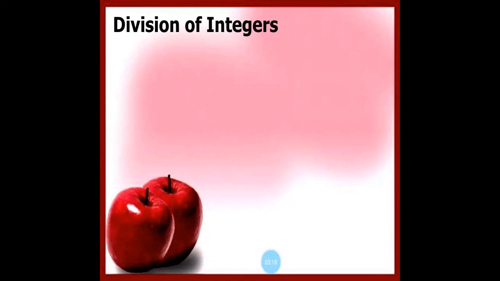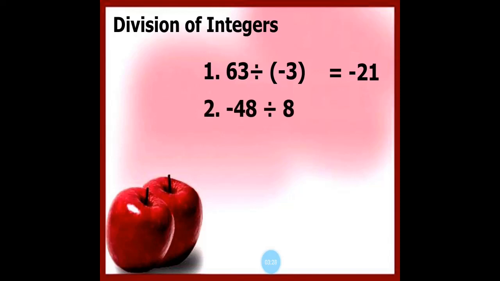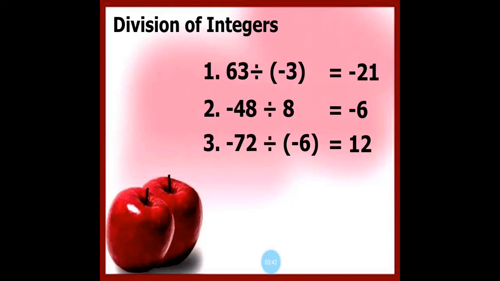So how about in division of integers? We have 63 divided by negative 3 is negative 21. Next, negative 48 divided by 8 is equal to negative 6. Negative 72 divided by negative 6 is what? Positive 12.